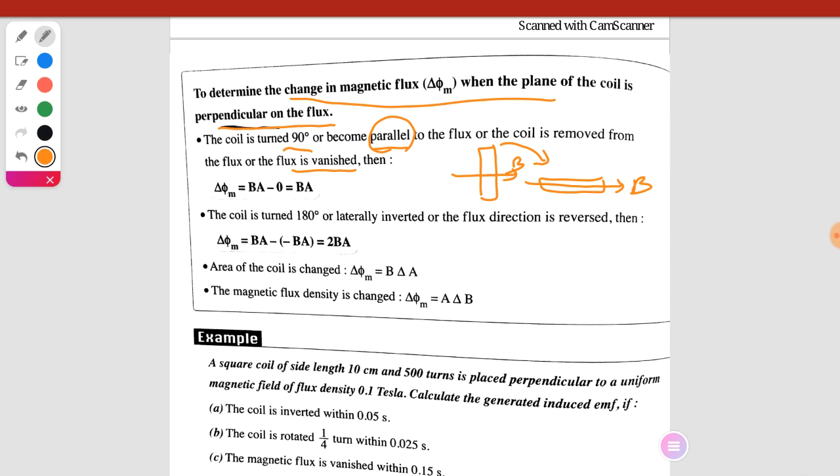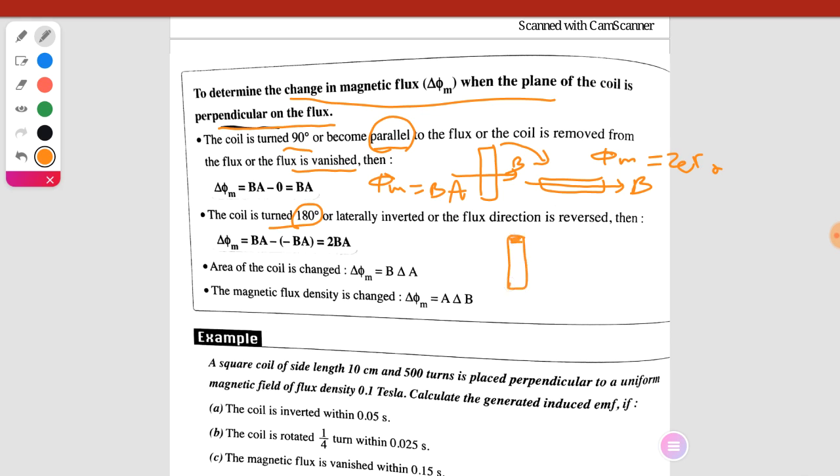Delta phi m equals BA minus 0. Phi m in this position equals BA, and in the second position equals 0. So BA minus 0 equals BA. When the coil is turned 180 degrees, this is the first position of the coil.